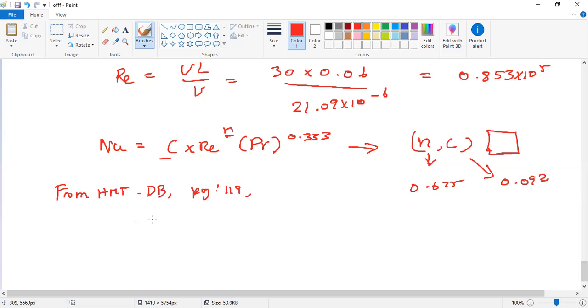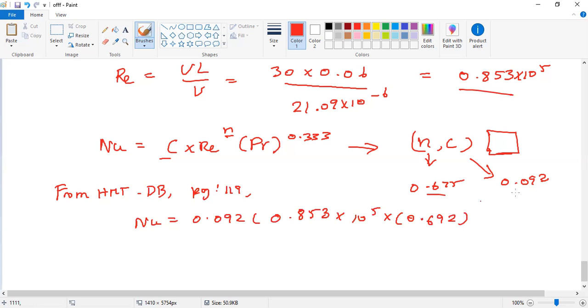So the formula for the Nusselt number is 0.092, the C value, into the Reynolds number 0.853 into 10 power 5, power 0.675, into the Prandtl number 0.692 power 0.333.